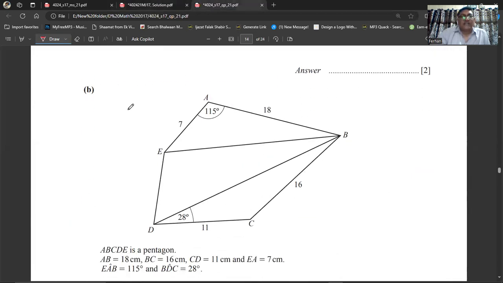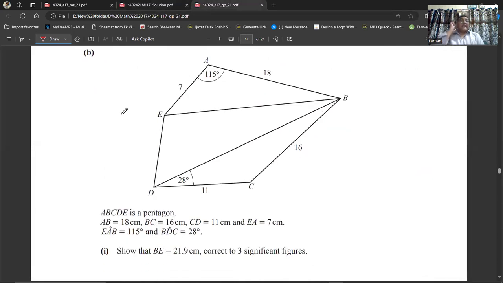Okay, so question number 9, and it's part B. It says ABCDE is a pentagon. AB is 18 centimeter, BC is 16 centimeter, CD is 11 centimeter, EA is 7 centimeter, angle EAB is 115 degrees, angle BDC is 28 degrees.